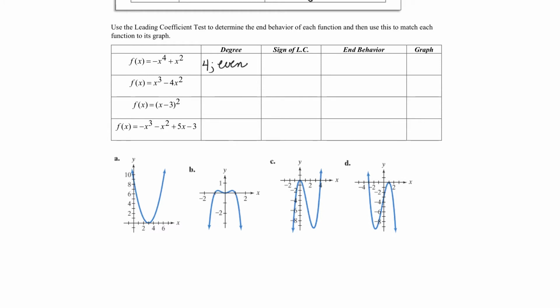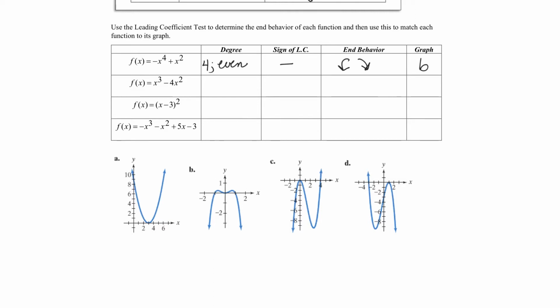Now remember, to determine the sign of the leading coefficient, the polynomial needs to be in general form, in decreasing powers of the variable. So this is the leading term, and the leading coefficient is negative. If it's even and has a negative leading coefficient, it's going to fall left and fall right. Looking at the graphs, this is the one that falls left and falls right. So that graph is B.